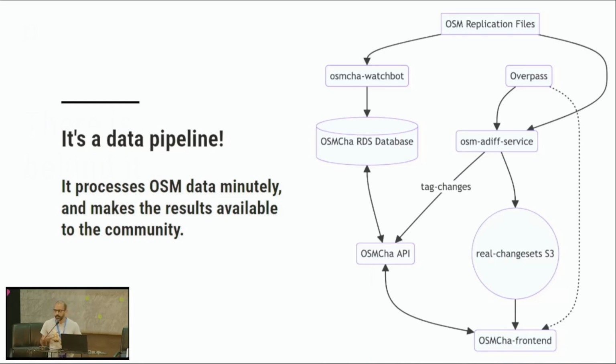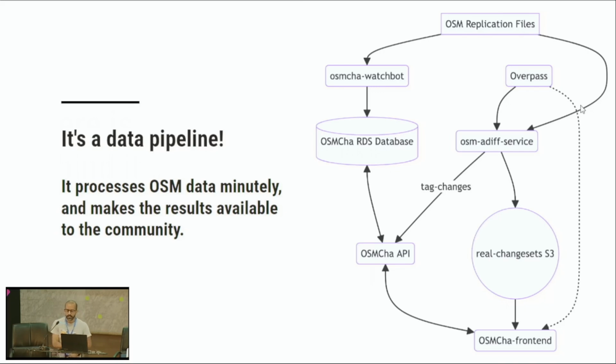feeds OSMCha. So each minute we are processing the OSM replication files, we are getting data from Overpass as well, and we store the changesets in a database. Then we have the API that is used by the front end to get the changeset data. But we also combine the Overpass data, that gives us the features that were modified, created, or deleted in each changeset, with some metadata that comes from the OSM replication files.